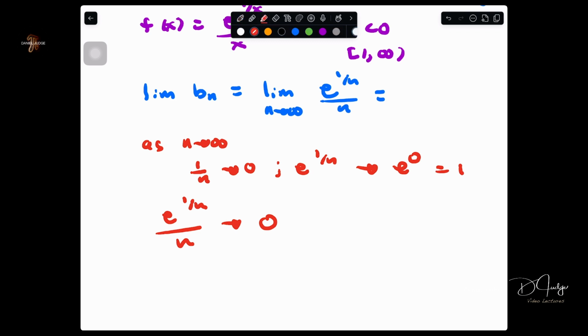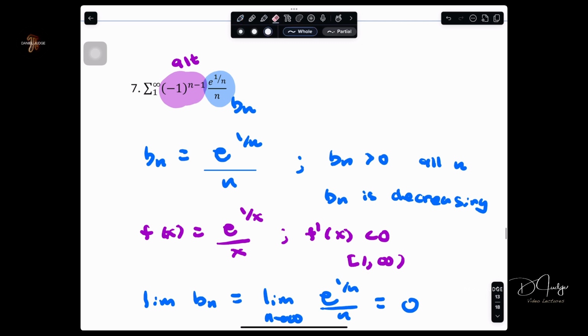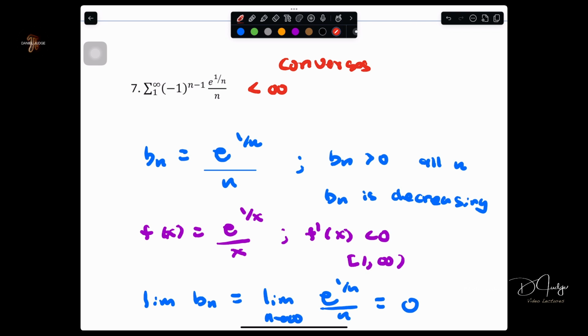Remember, n is the same n; 1 over something getting big is 0. So this equals 0, and it satisfies the alternating series test conditions. Therefore, this series converges by the alternating series test.